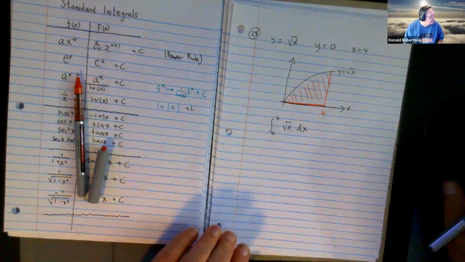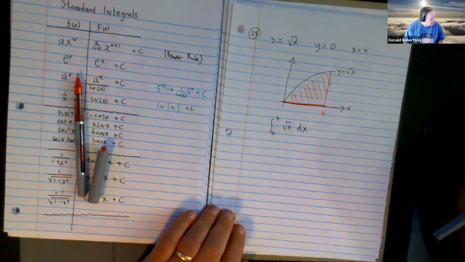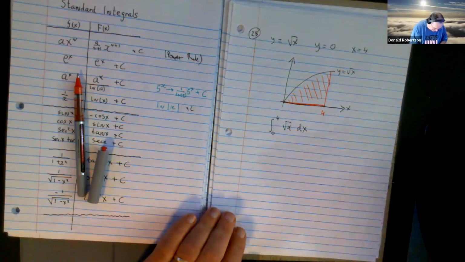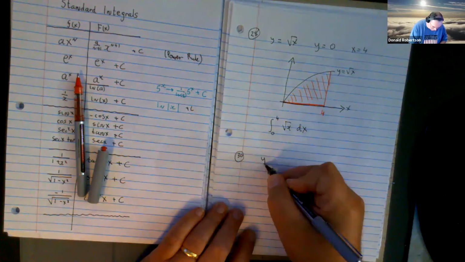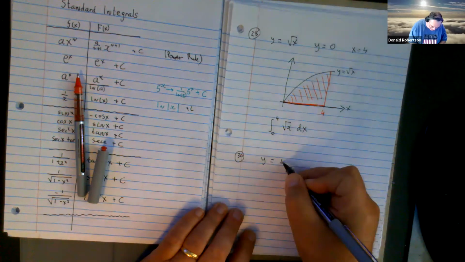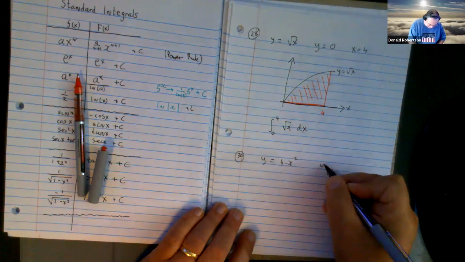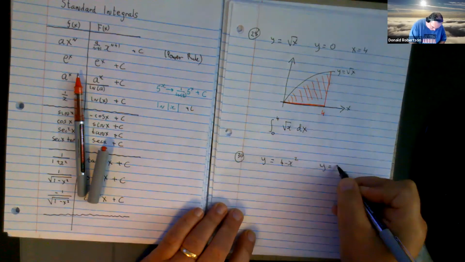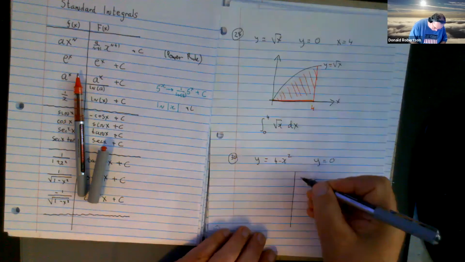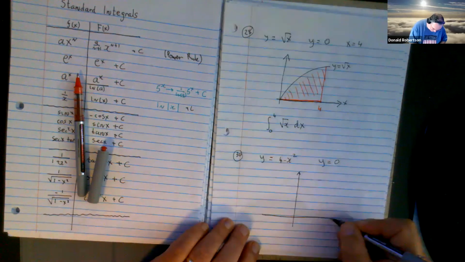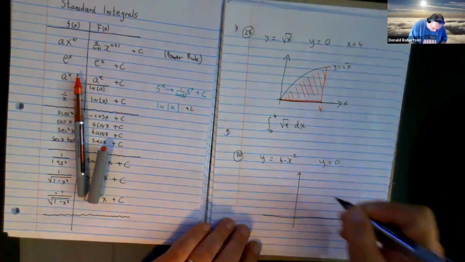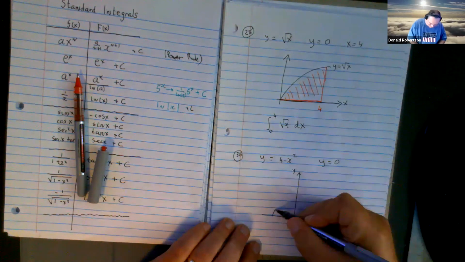How about the next one, which is going to be 30. And it's going to be y equals 4 minus x squared and y equals 0. And let's do a sketch of what that would look like. And 4 take away x squared would look like that.